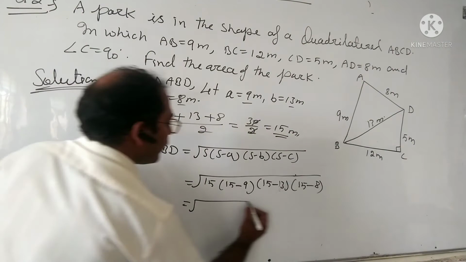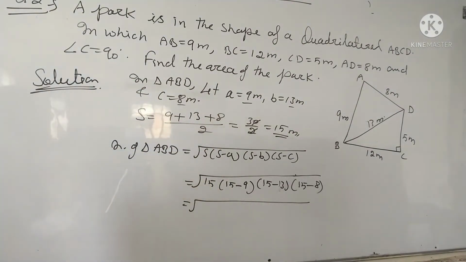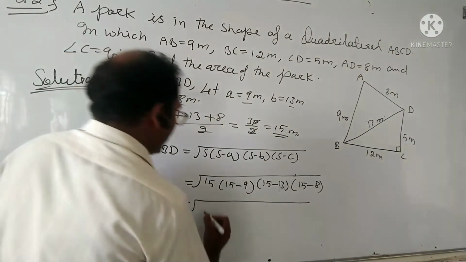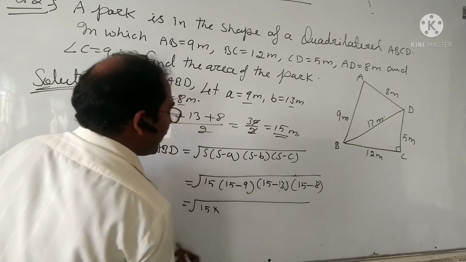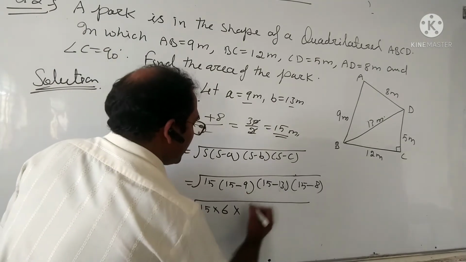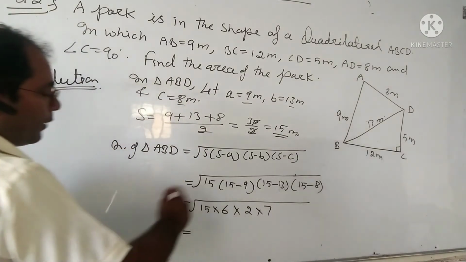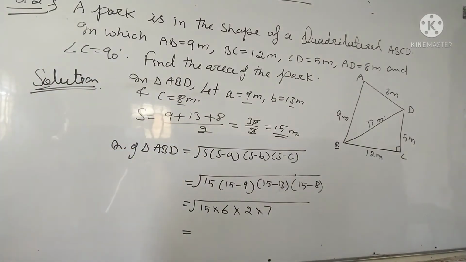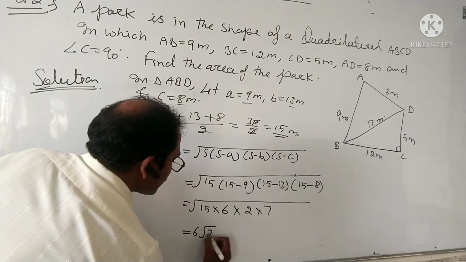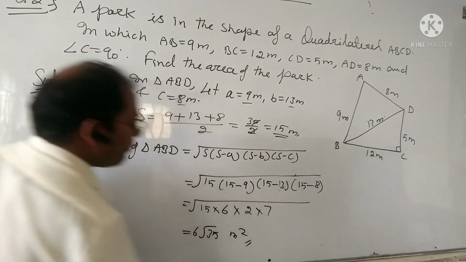Whatever remains, we will write down. What will remain? 15 into 15 minus 9, 6, 15 minus 13, 2, 15 minus 8, 7. Find the square root of this number. The answer will come 6 root 35 meter square.